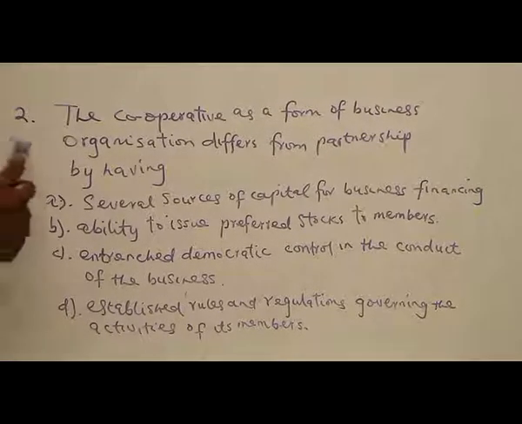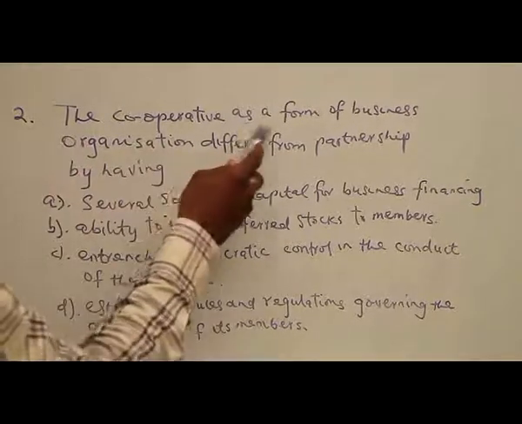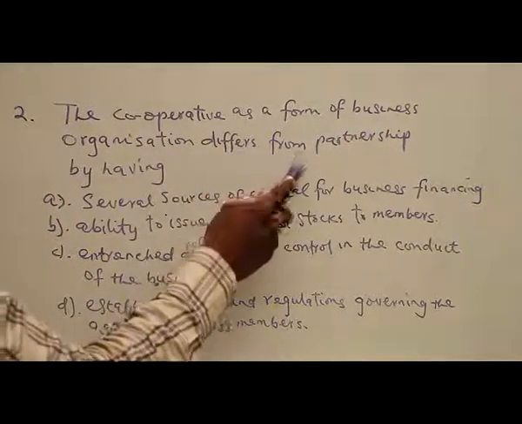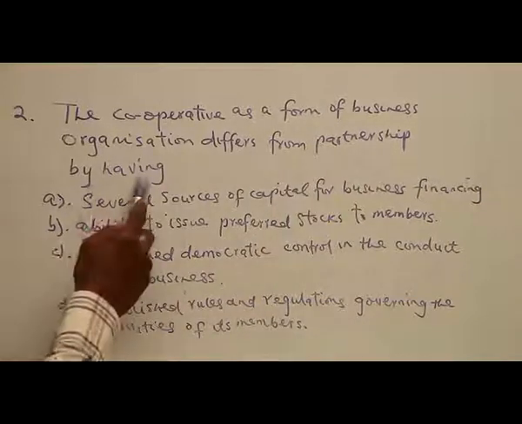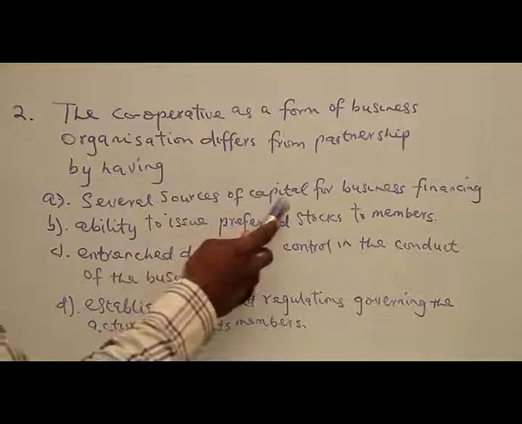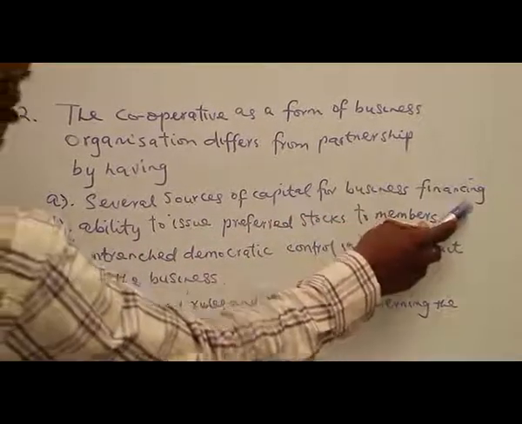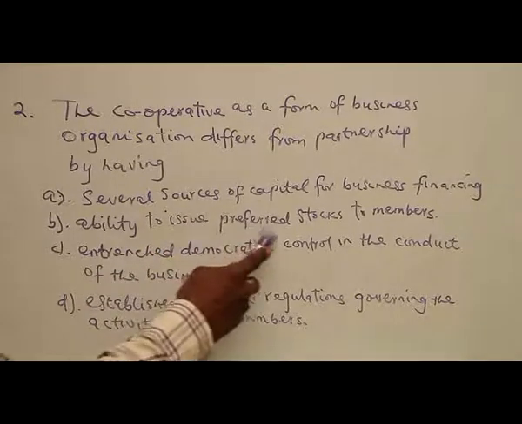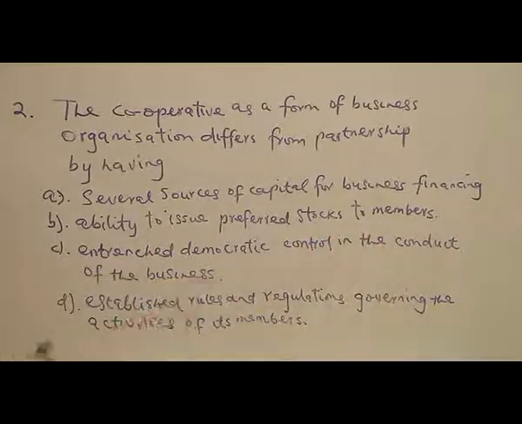Question 2. The cooperative as a form of business organization differs from partnership by having: A, several sources of capital for the business financing. B, ability to issue preferred stocks to members.